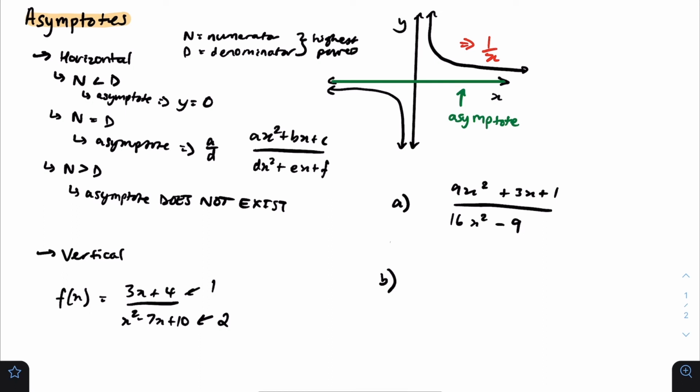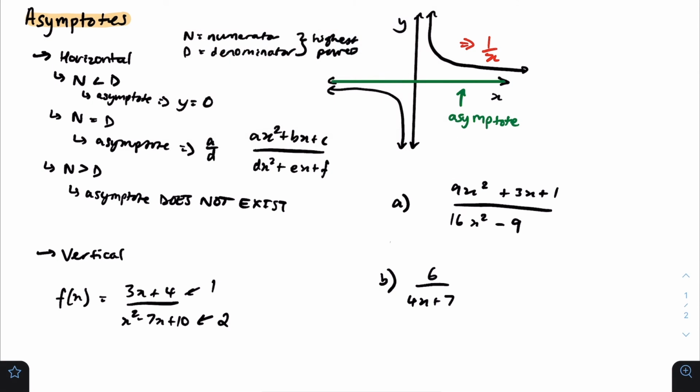And then b would be 6 over 4x plus 7. So if we can find the asymptotes for those, I know the first one is harder, but I just gave 2 that I could think of.